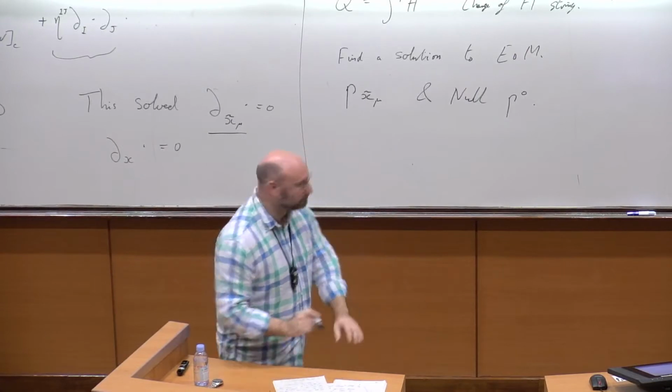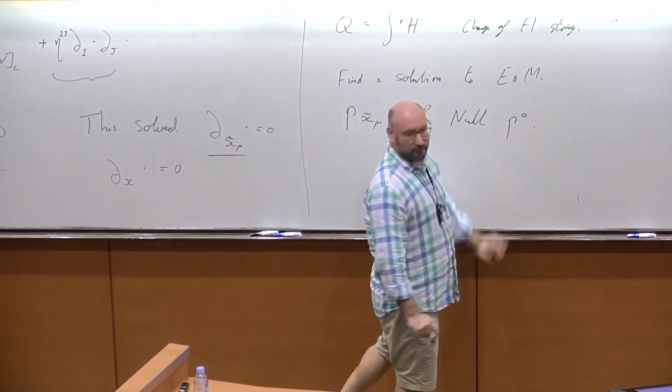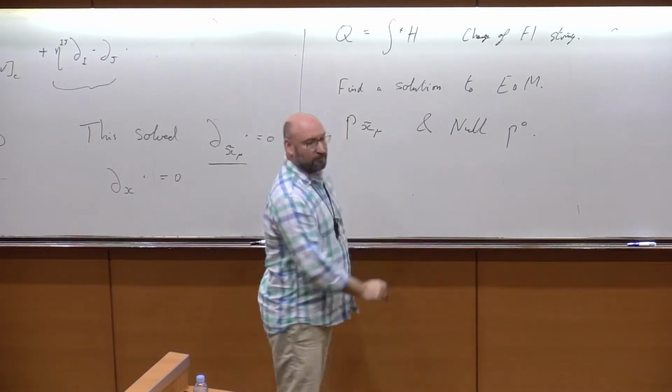Okay? So we have P5, and then we have it null. The nullness is the thing which makes it BPS, and then you can find such a solution.